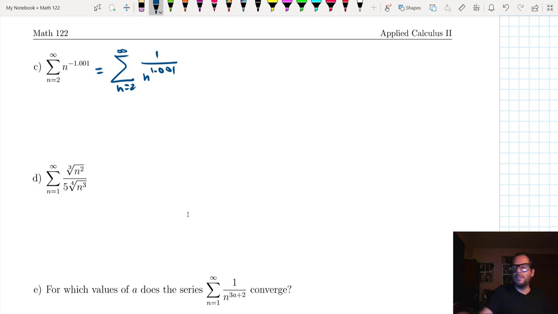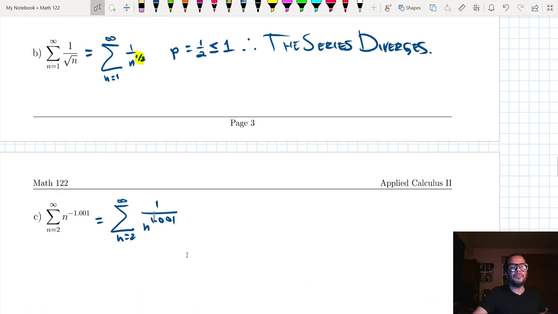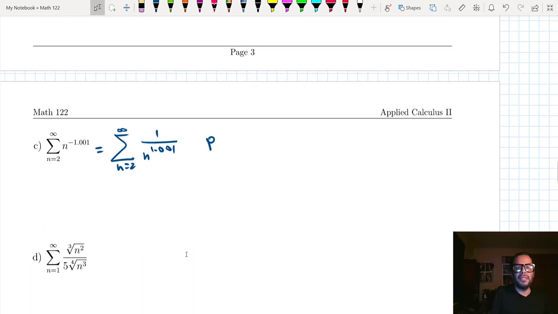Okay, so let's look at the value of P. In this case, P equals 1.001, which happens to be greater than 1, so therefore the series converges.